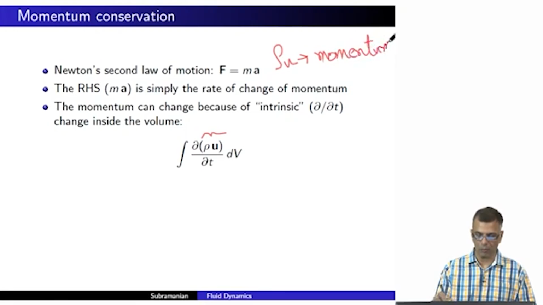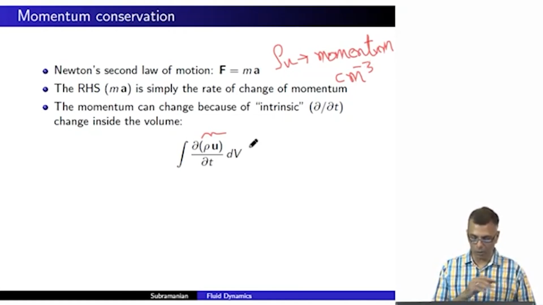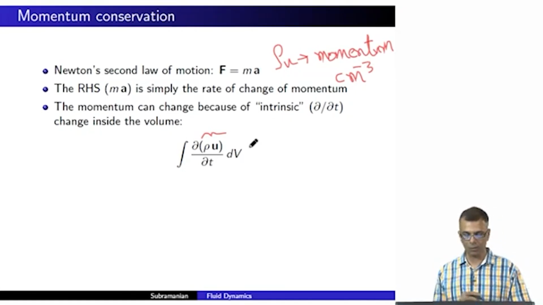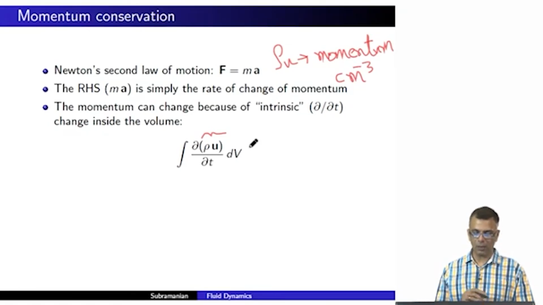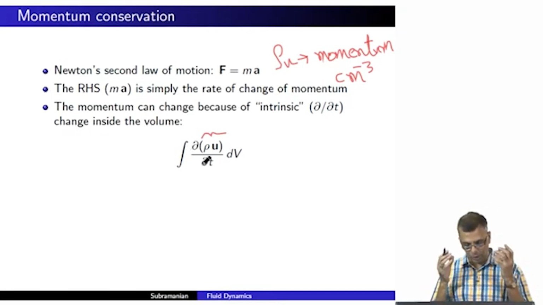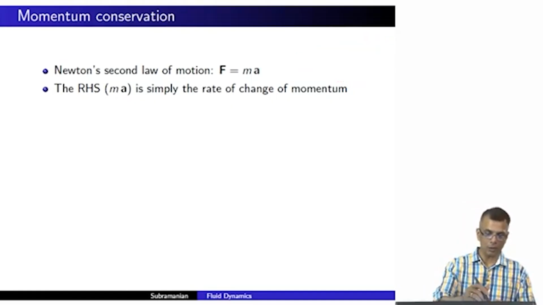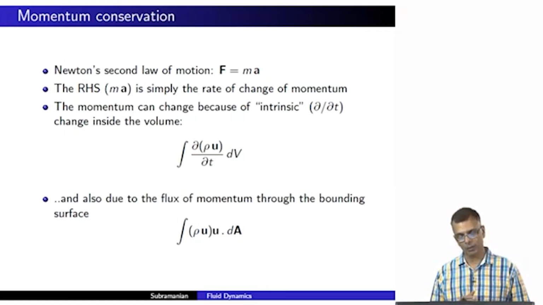So this momentum per unit volume, when you integrate over a volume element, it becomes simply momentum. So the momentum can change because there's an intrinsic, a d over dt kind of, an actual change of momentum within the volume. It can also change because there's a flux of momentum through the bounding surface, right?